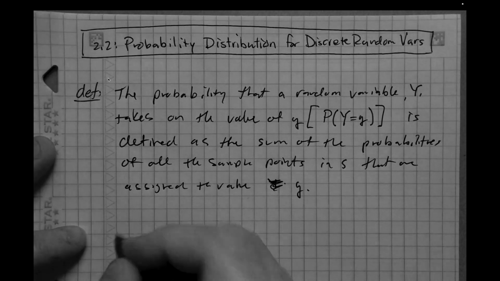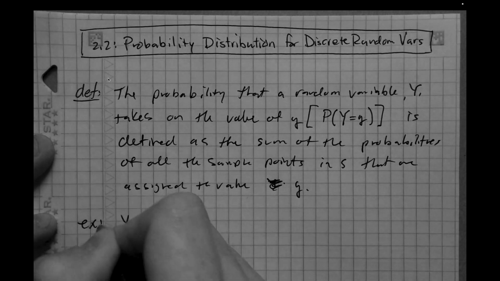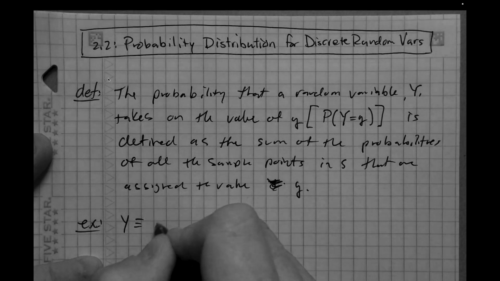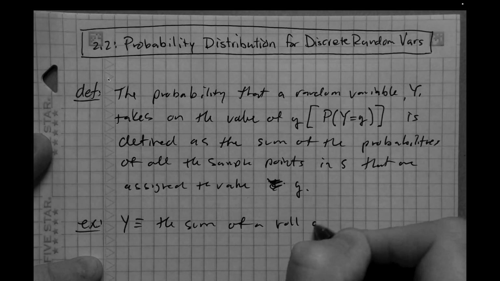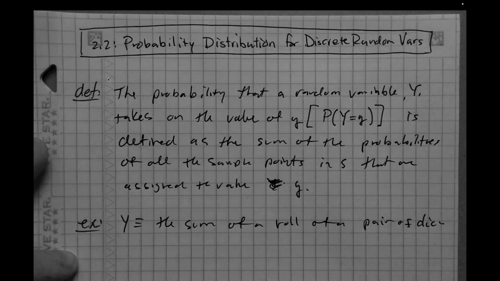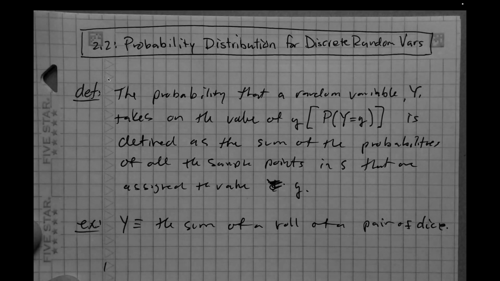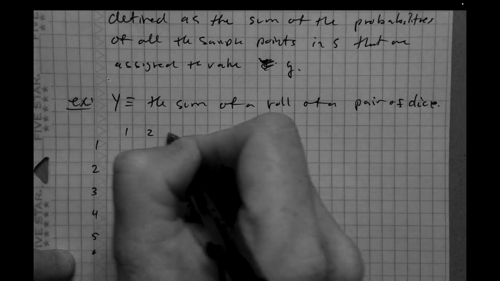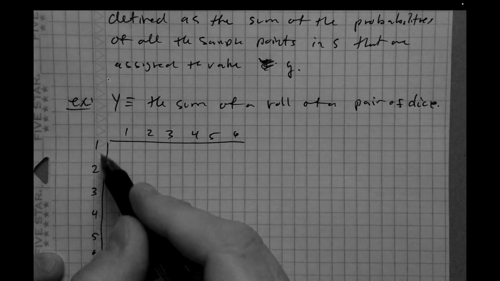This is what we talked about last time. I'm thinking of the dice example, where we had Y defined as the sum of a roll of a pair of dice. What does that look like? 1, 2, 3, 4, 5, 6 for roll 1, and 1, 2, 3, 4, 5, 6 for roll 2.